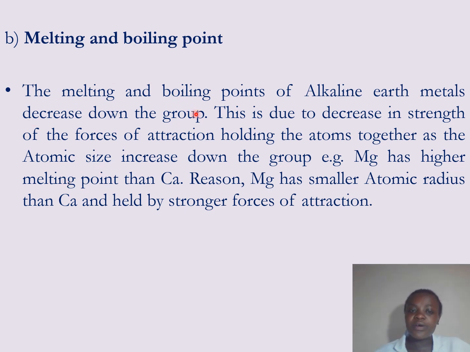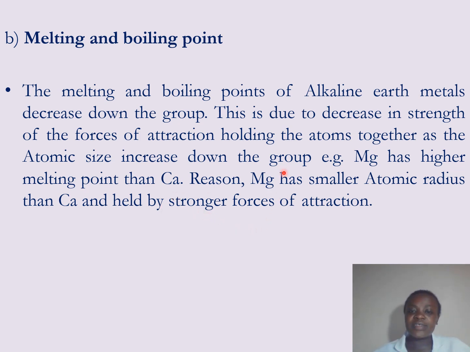So the melting point decreases down the group due to the decrease in strength of the forces of attraction holding the atoms together. For example, magnesium has a higher melting point than calcium, since magnesium has a smaller atomic size. This means the forces of attraction holding the atoms of magnesium together are stronger than that of calcium, which has a larger atomic size.